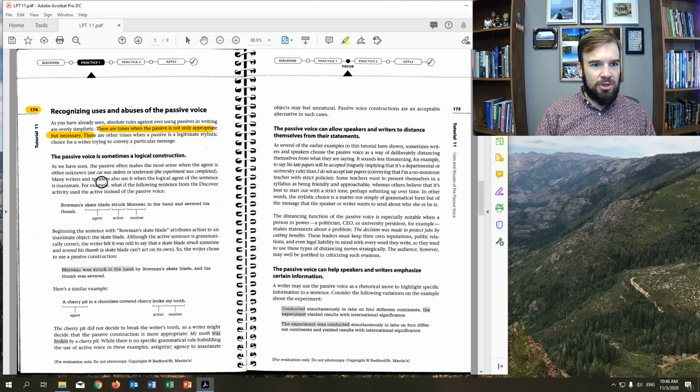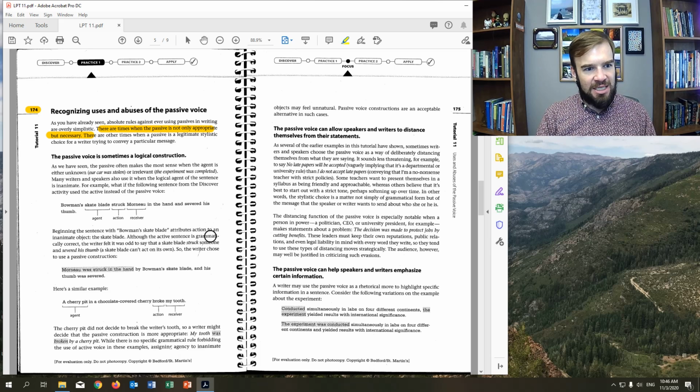Many writers and speakers also use it when the logical agent of the sentence is inanimate. For example, what if the following sentence from the discover activity used the active instead of the passive voice? So, Bowman's skate blade struck Morneau in the hand and severed his thumb. Beginning the sentence with Bowman's skate blade attributes some action to an inanimate object, the skate blade.